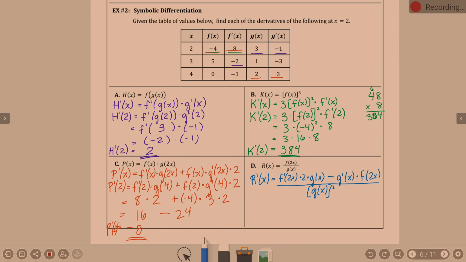I don't know how I'm going to all fit this in. Okay. I'm filling in 2's, yes? F prime of 4 times 2 times g of 2 minus g prime of 2 times f of 4 all over g of 2 quantity squared.